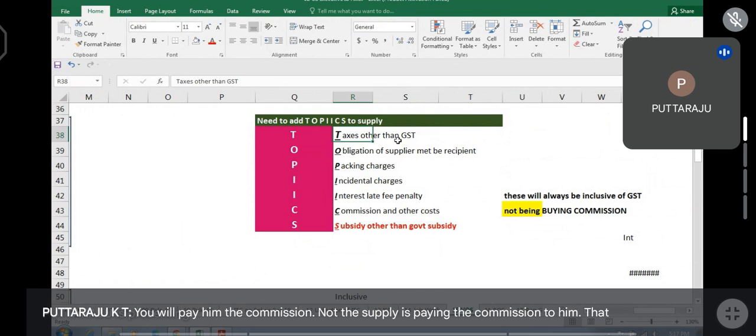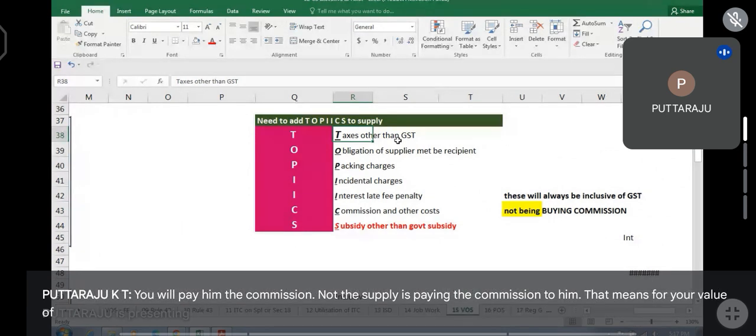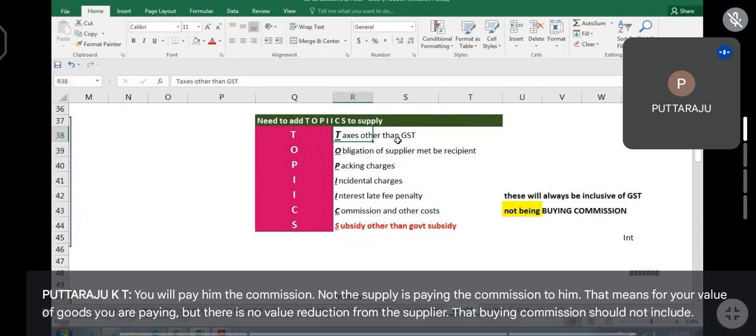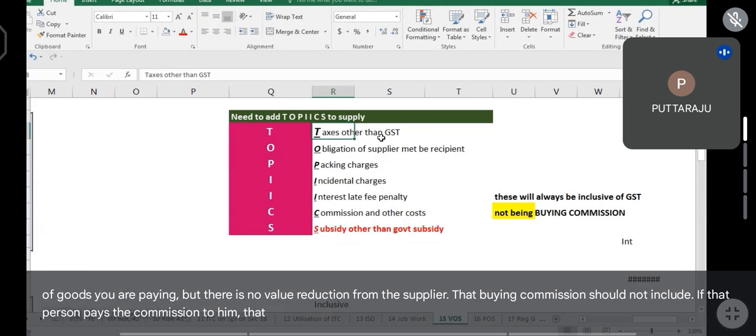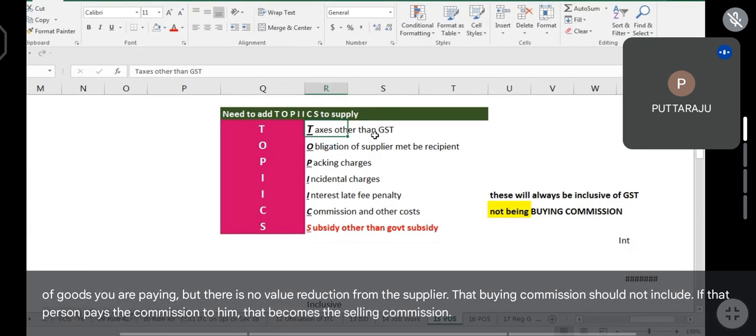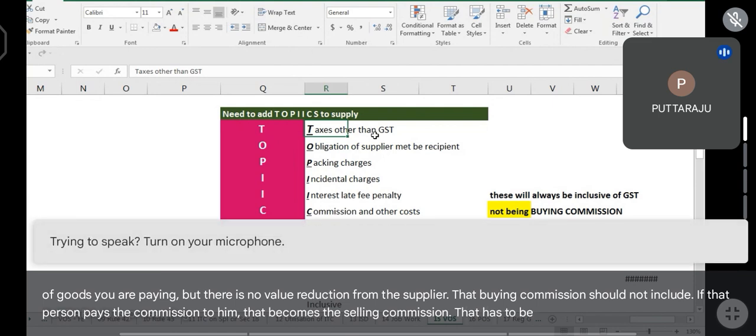That means for your value of goods you are paying, but there is no value reduction from the supplier. That buying commission should not be included. If the supplier pays the commission to him, that becomes the selling commission. That has to be included in the value.